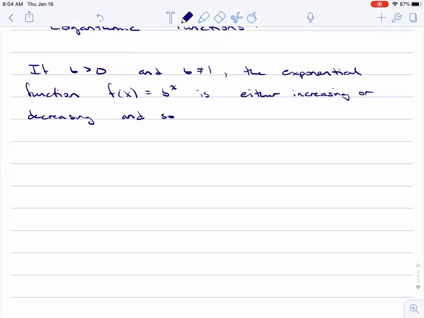And so it will be 1-to-1 by the horizontal line test. We talked about increasing and decreasing last day. Essentially, a decreasing function is always, if you have two x's, one less than the other, then the output of the first one is going to be higher than the second one. So that makes it decreasing.